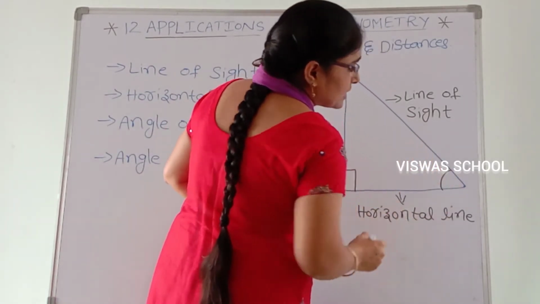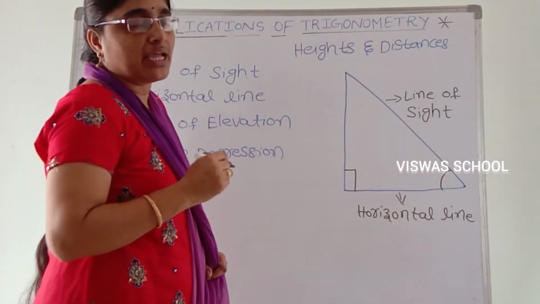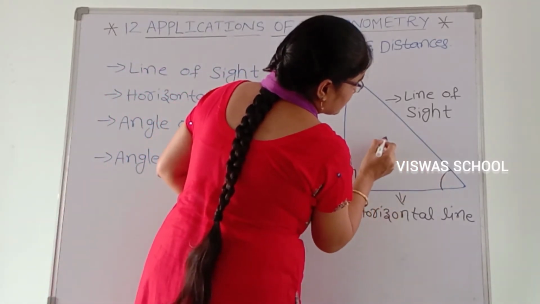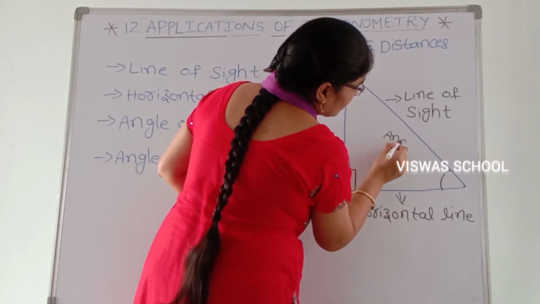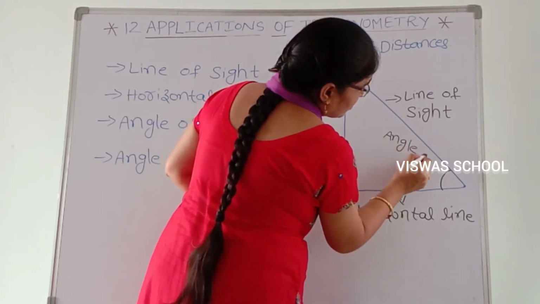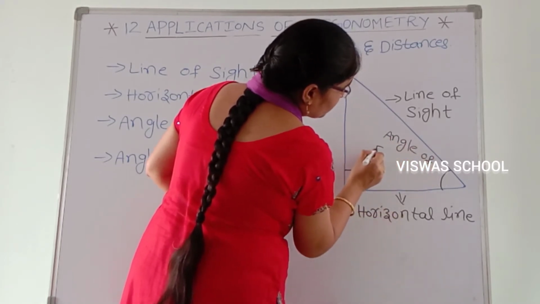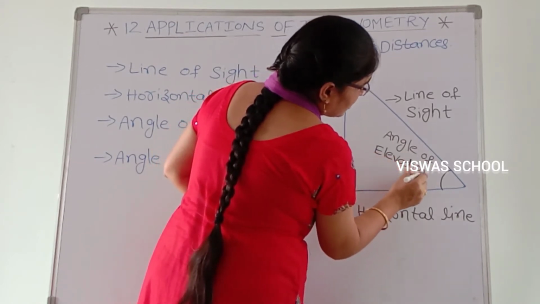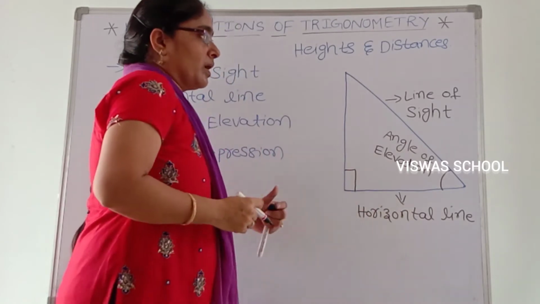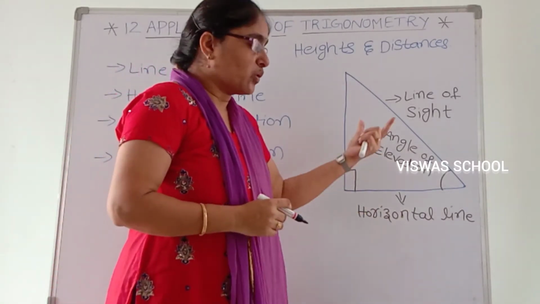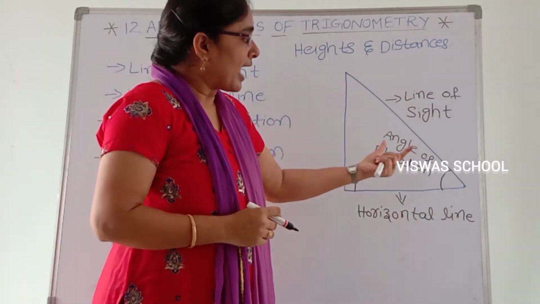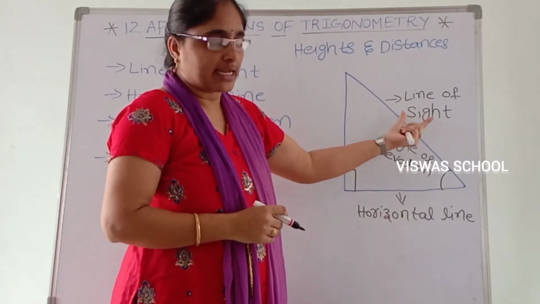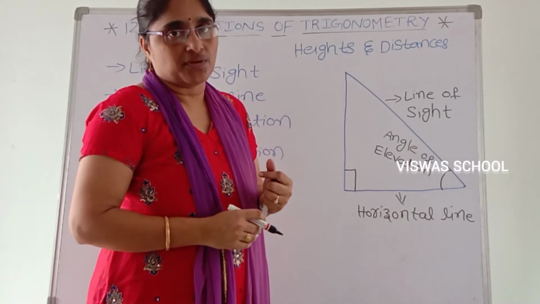That angle is called the angle of elevation. That means the line of sight is above the horizontal line, and the angle between the horizontal line and the line of sight is the angle of elevation.